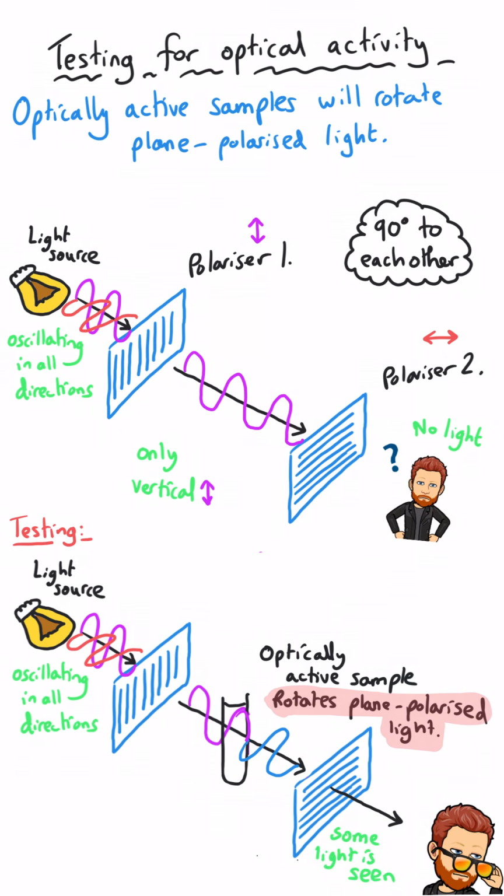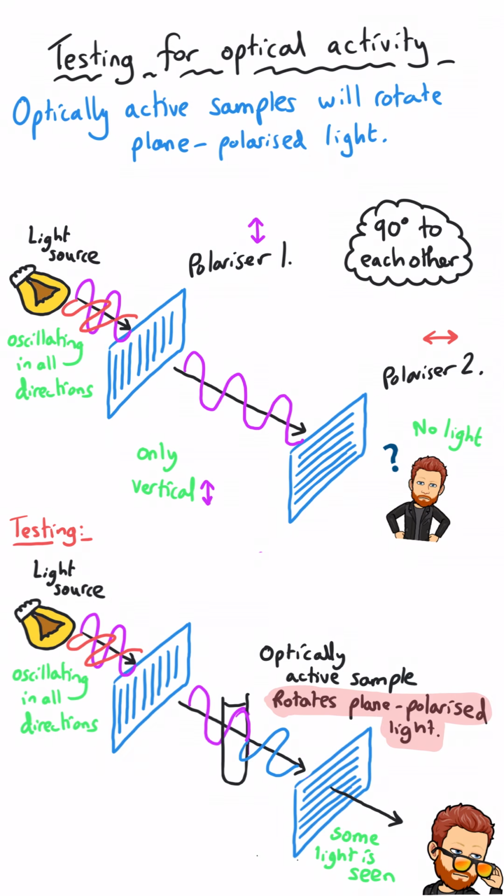And so what that means is a small portion of light will pass through the polarimeter on the right-hand side, and the person who is observing this experiment will see a little bit of light travelling through.